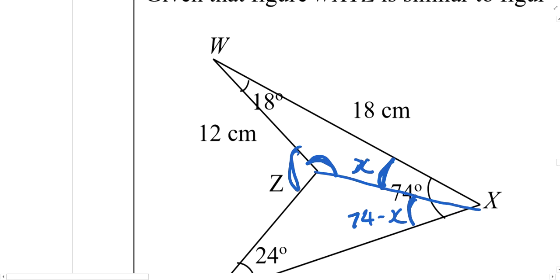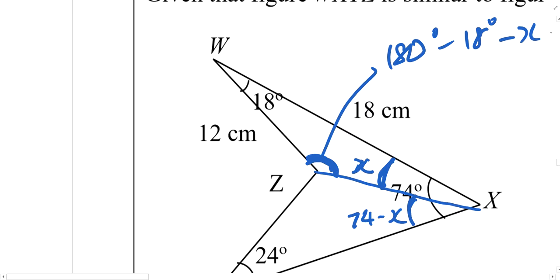How much must WZX be? This angle. Given that it is about 18 degrees and X degrees. So what must the last angle be? 180 minus 18 minus X. Yes?